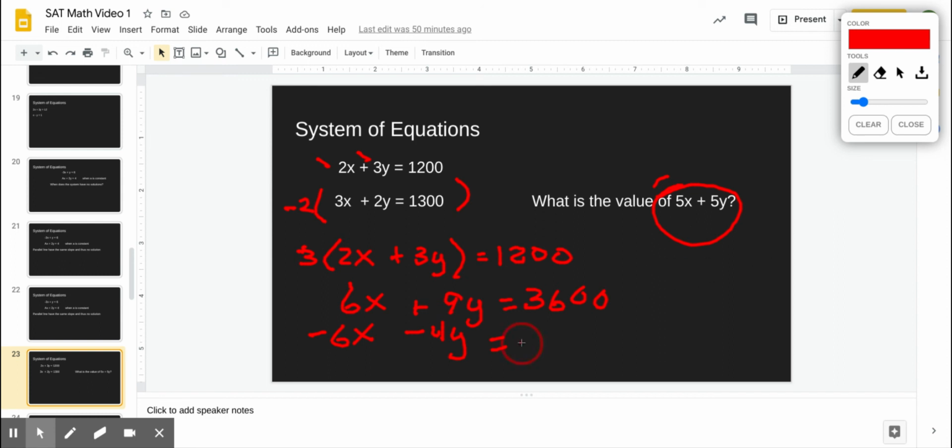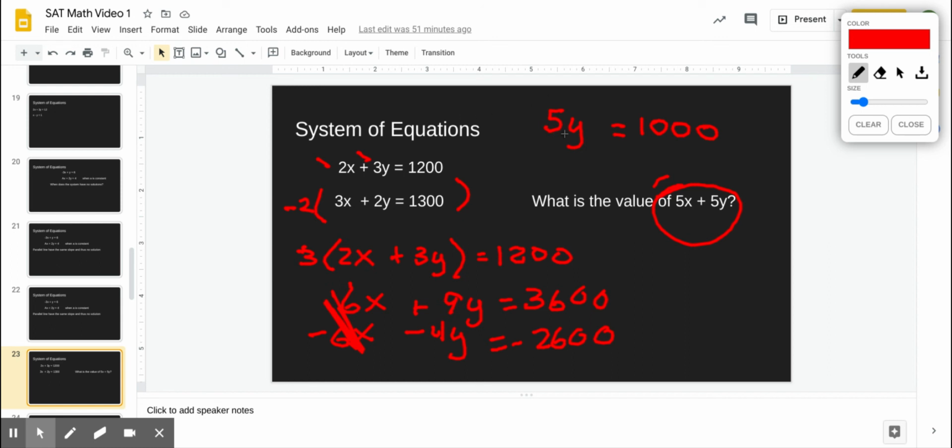So let's write negative 2600 over here. Okay, so we can eliminate the x, and we're left with just the y there. So 9y plus negative 4y is 5y. And this will equal 1,000. 3,600 plus negative 2,600 is 1,000.